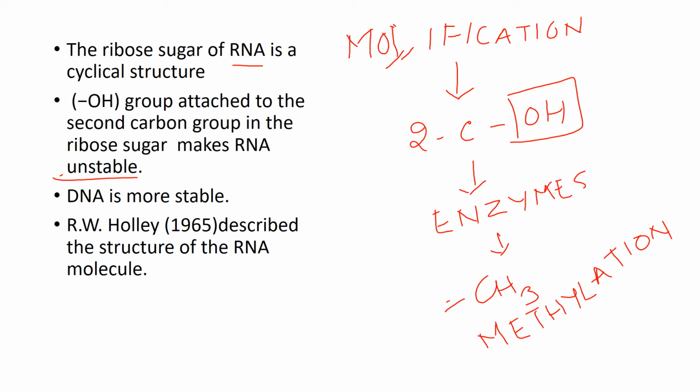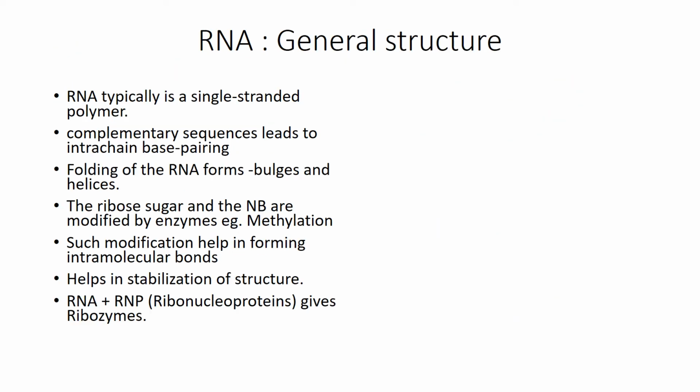So this is the significance of the second carbon hydroxyl group, that it allows modification, it allows hydrolysis, and therefore the RNA molecule is not so stable as compared to the DNA molecule. And the structure of RNA was first of all described by Holley in 1965.